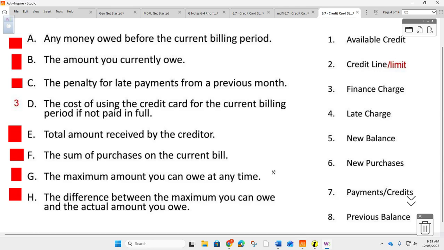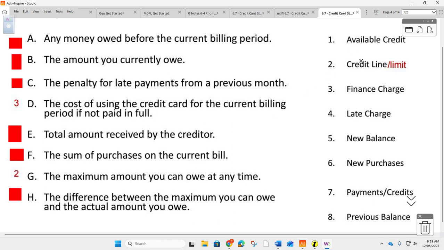What's another one? Available credit, and you said G, the maximum amount you can owe at any time. Uh-oh. If it were a game show, we would be buzzing you there, right?